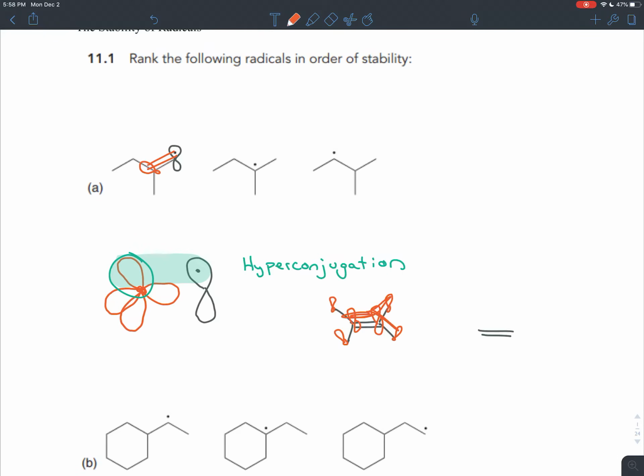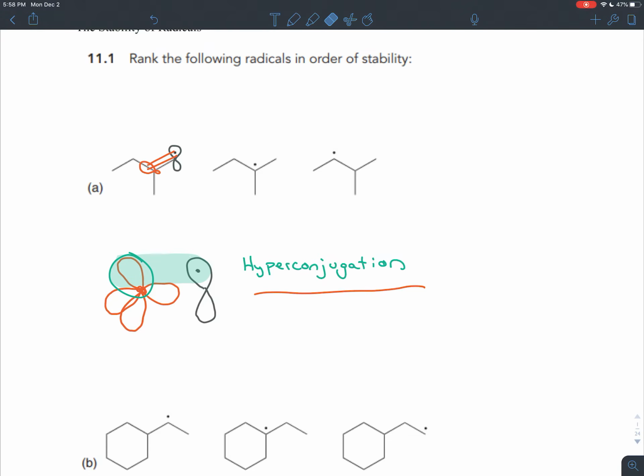And that spreads the charge out and stabilizes that charge, whereas that doesn't happen with the p orbitals on this other alkene. The electron density in those stays stuck in that small area between those 2 carbons. So the same concept of hyperconjugation that stabilized alkenes will stabilize radicals too.